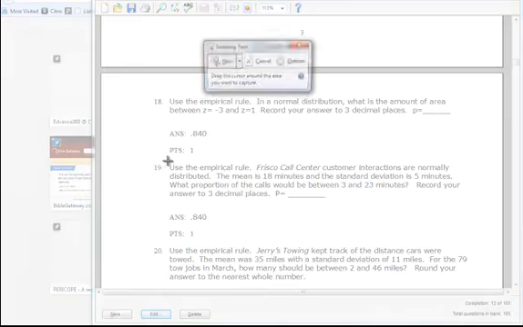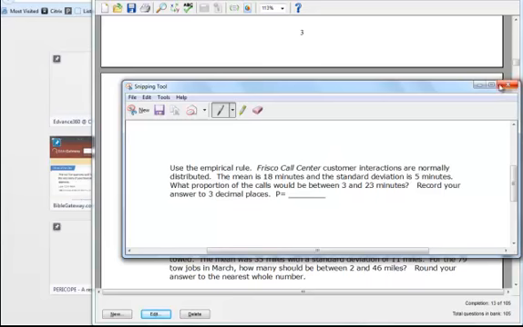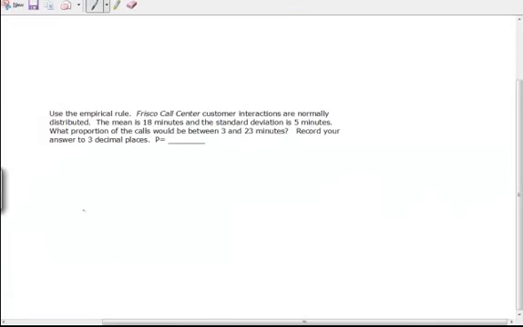Let's look at this one right here. In this case, we still draw our normal curve. The mean is 18, and we want between 3 and 23 minutes, and 5 minutes is a standard deviation. So this would be 13.